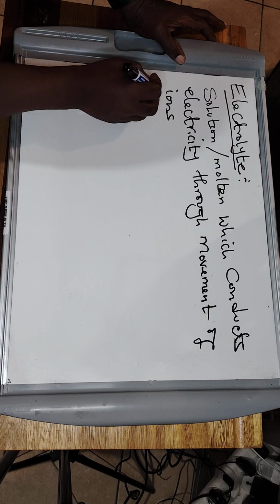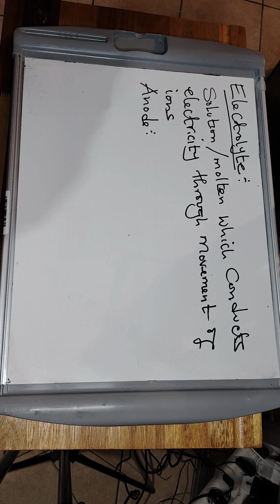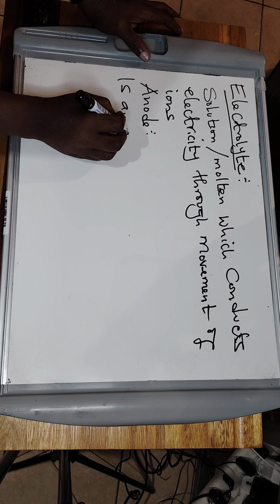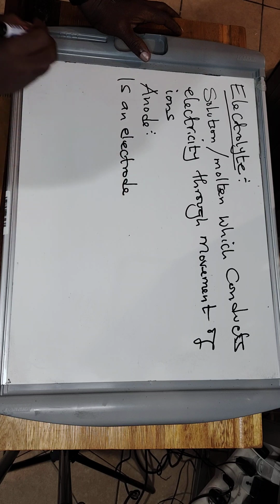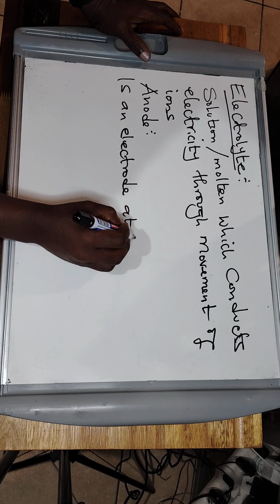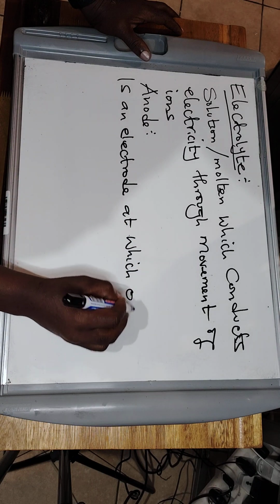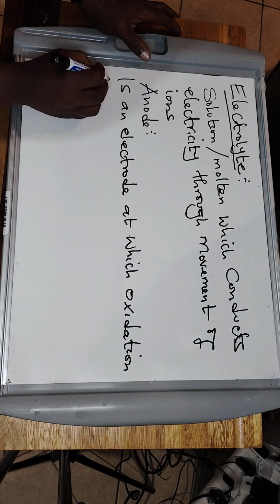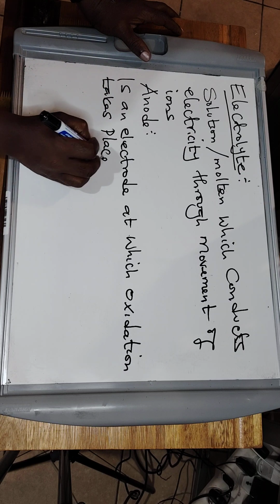Okay, let's go to our electrodes. We saw one was the anode. What is it? It is an electrode at which oxidation takes place.